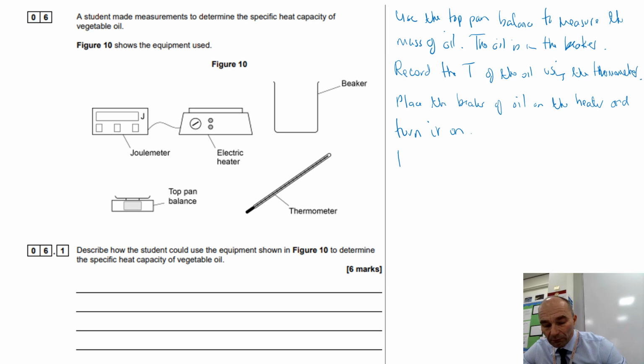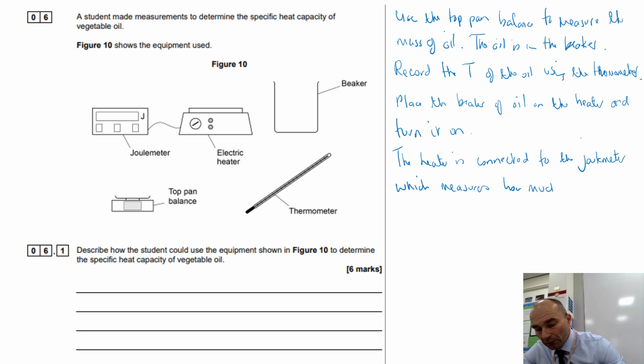So the heater is connected to the joule meter, which measures how much energy, just abbreviating it to E, is transferred to the oil.